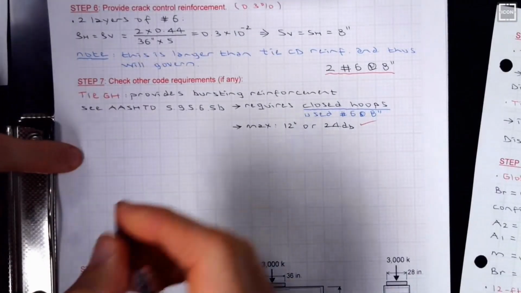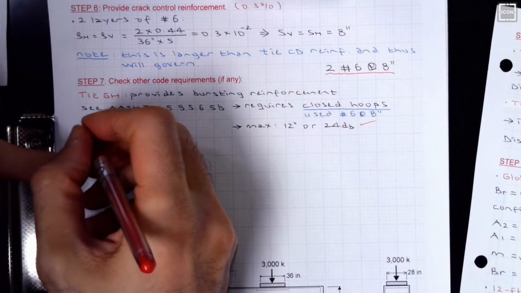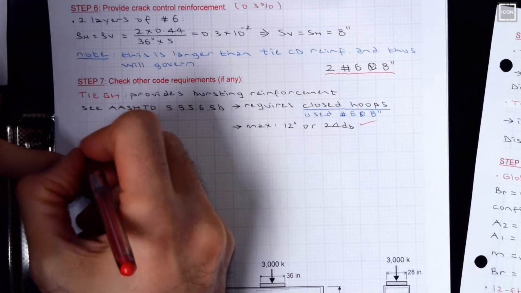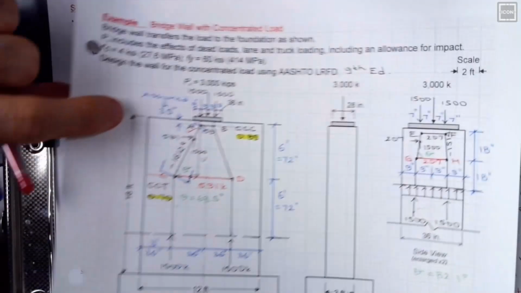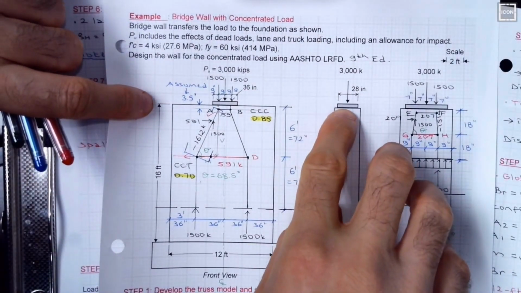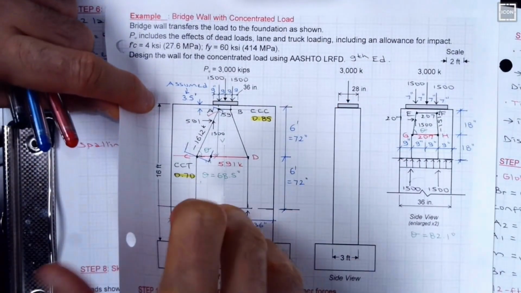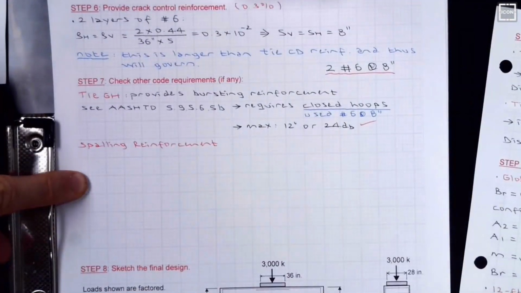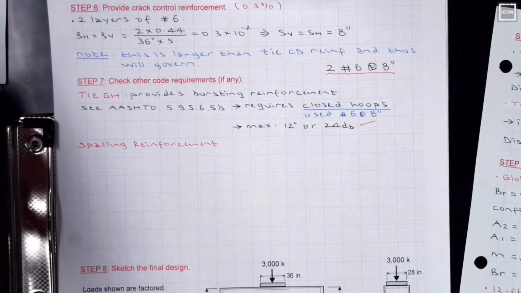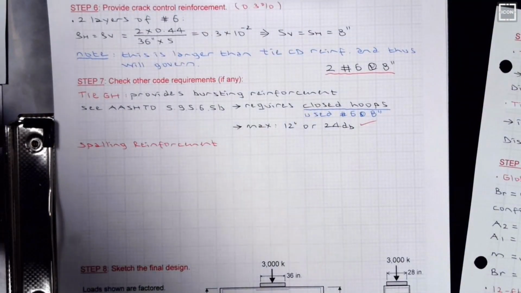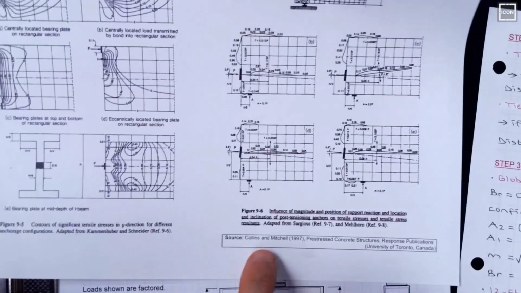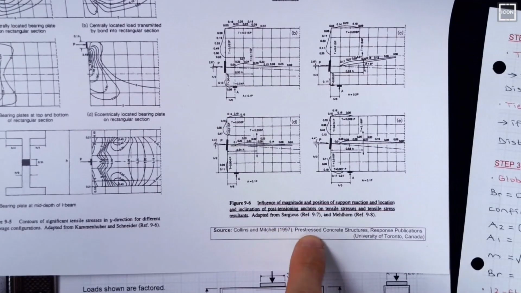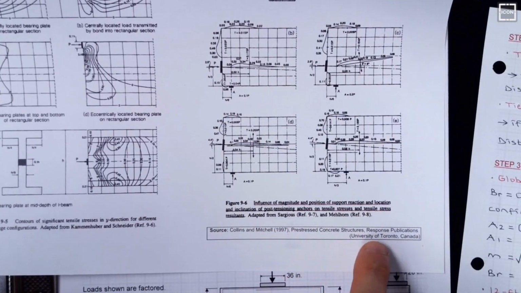The other requirement for this special case is called spalling reinforcement. This is like an anchorage zone. You are resisting significant compressive forces, and there could be spalling on the top surface. I'm going to show you a handout which I distribute in my classes. This is from Professor Collins and Mitchell, Prestressed Concrete Structures, University of Toronto.